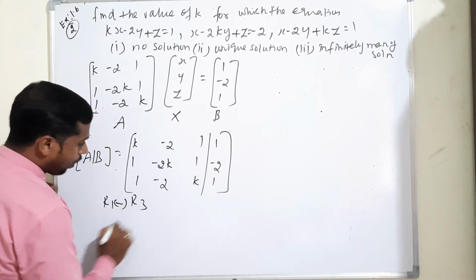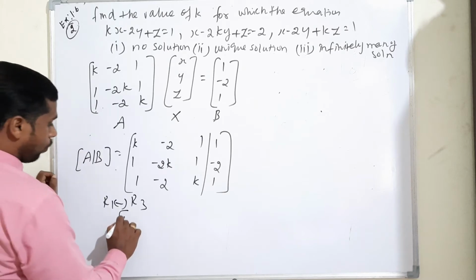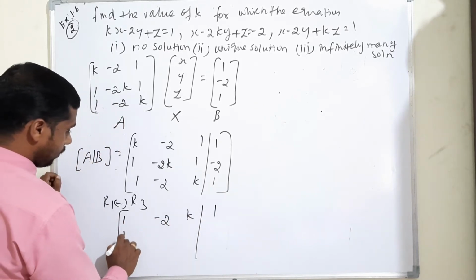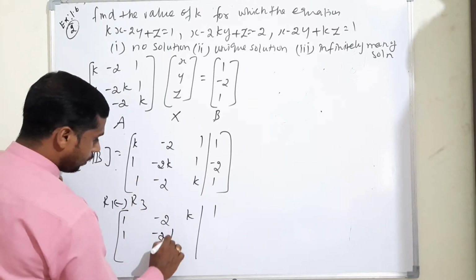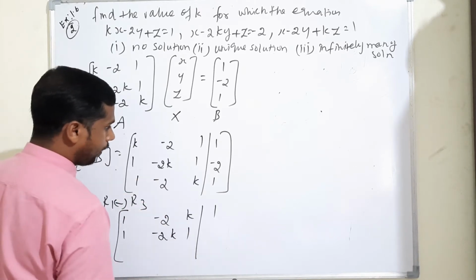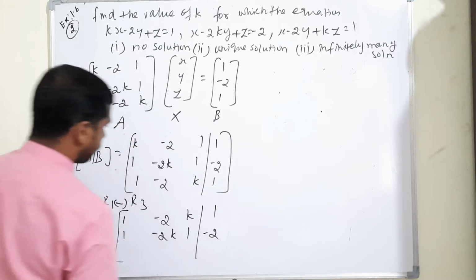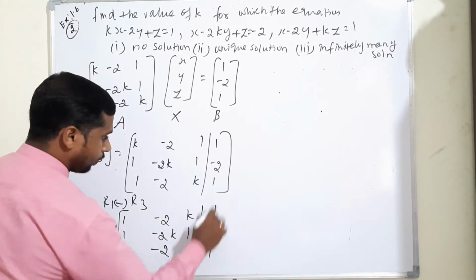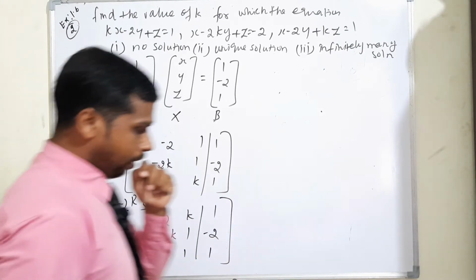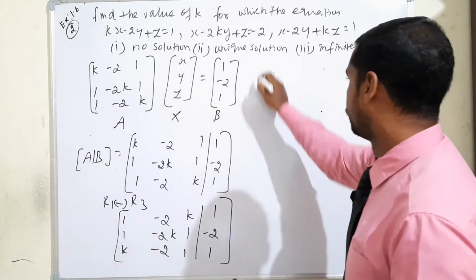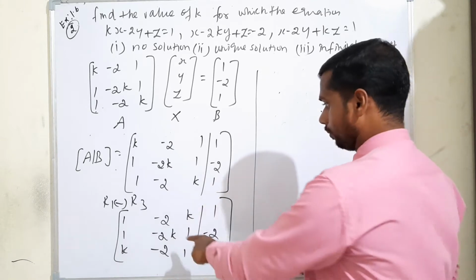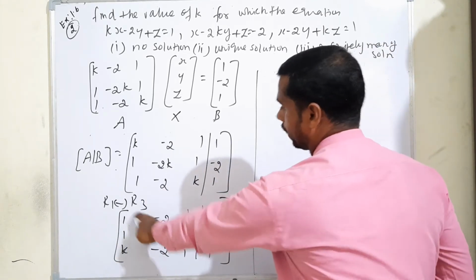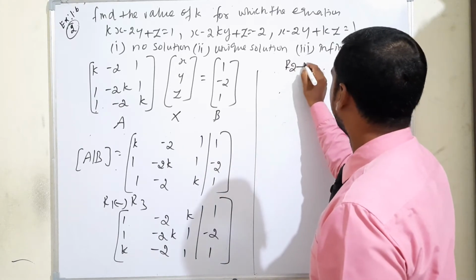First row: 1, 1, minus 2k, 1; second row: 1, minus 2k, 1, minus 2; third row: k minus 2, 1, 1. Next, to make the terms below zero, directly R2 gives R2 minus R1.